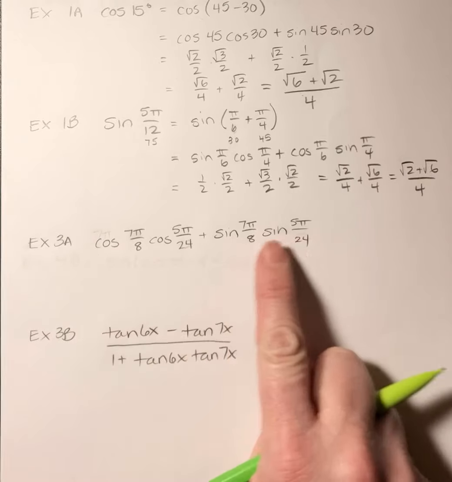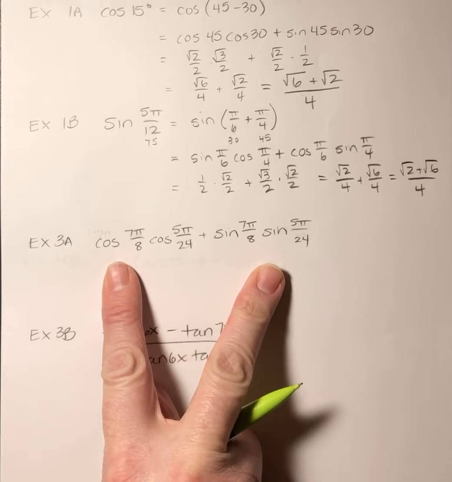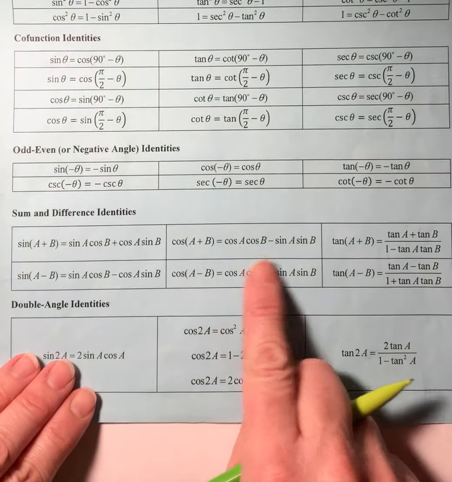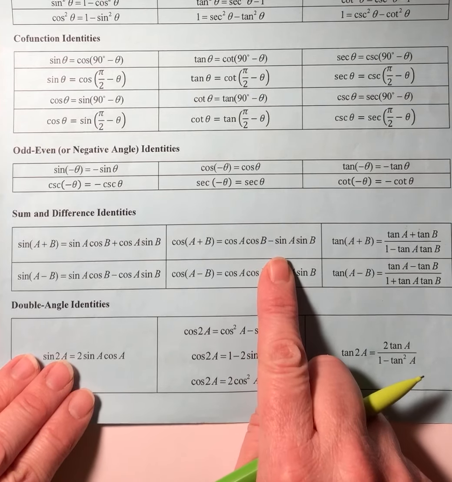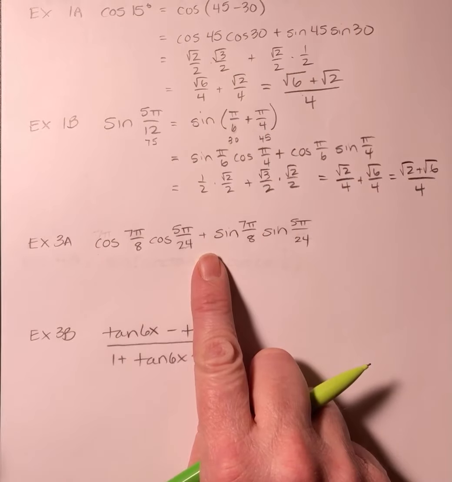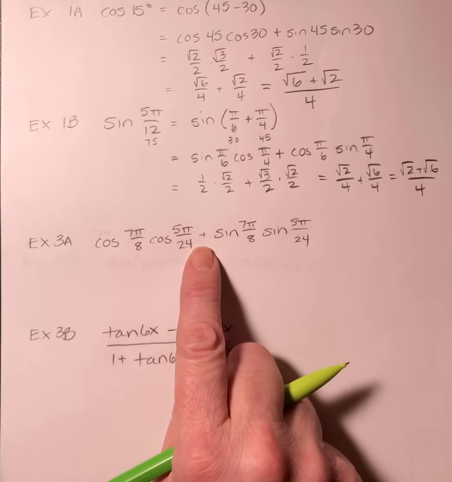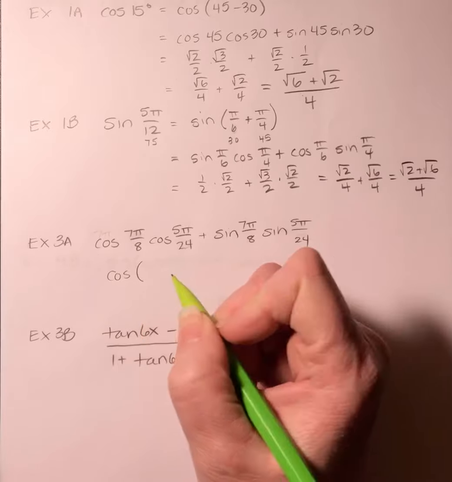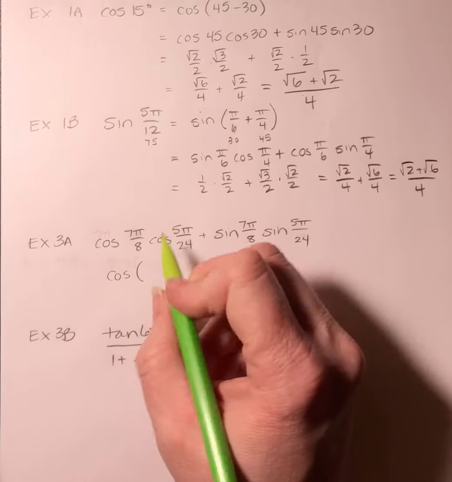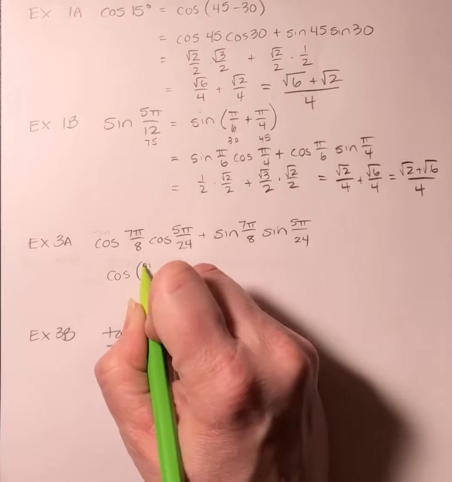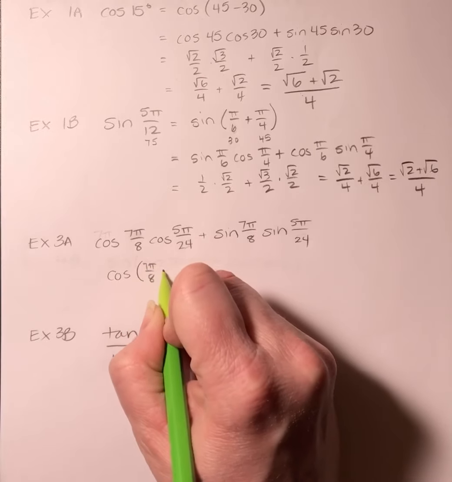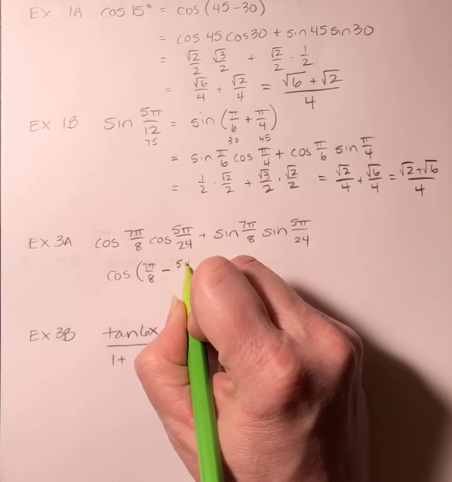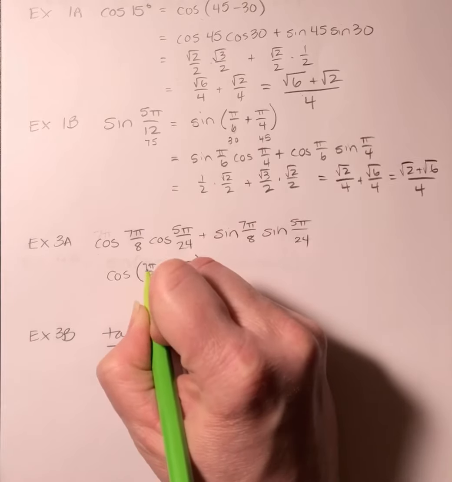Cosine, cosine, sine, sine, sine. Notice this one is this side of the identity. So this is the cosine of a difference because the signs are going to be opposite. So you're going to have the cosine of 7 pi eighths minus 5 pi 24ths.